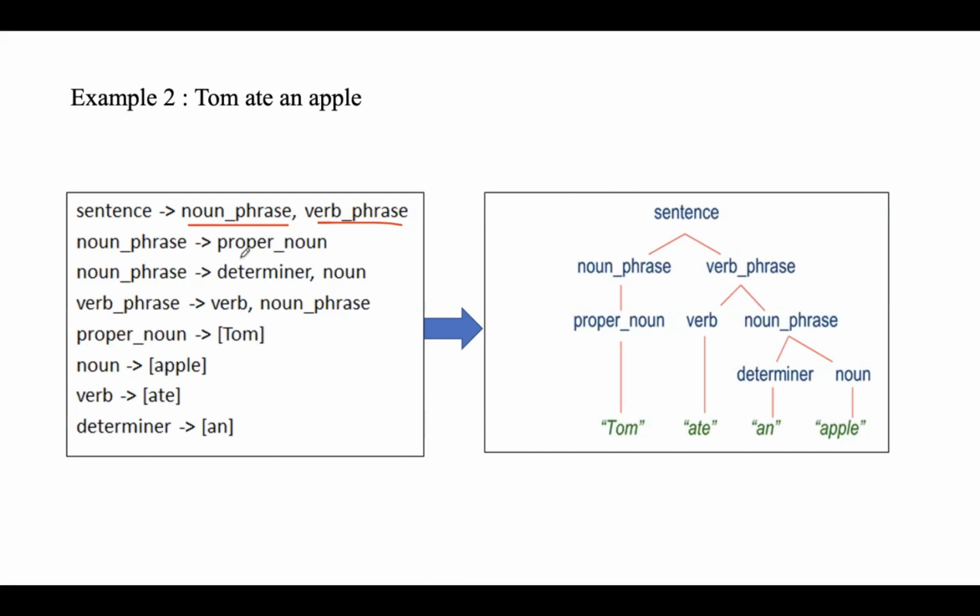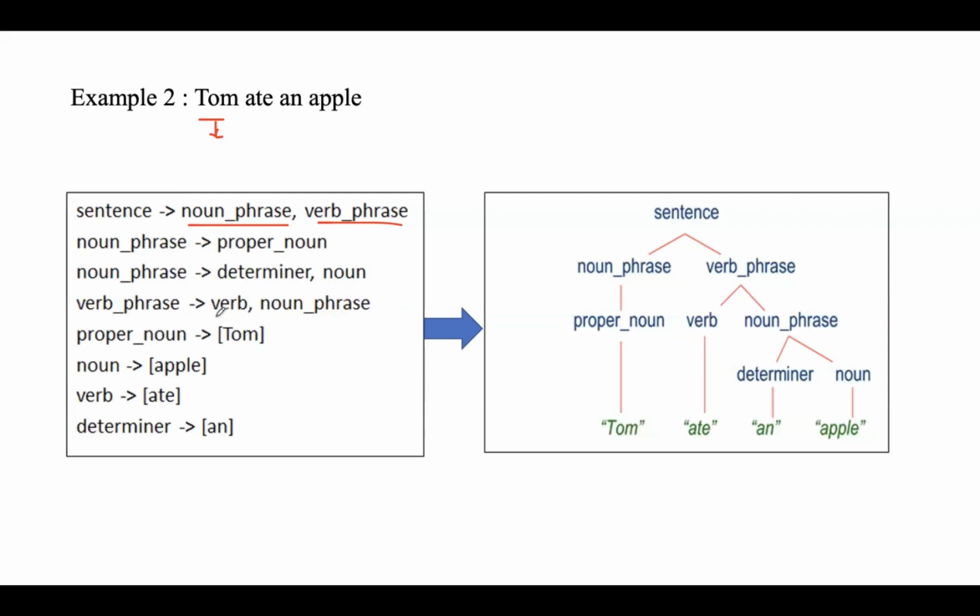So here noun phrase derives proper noun because Tom is the name of a person. So we can take it as a proper noun. And noun phrase derives determiner, noun. As noun phrase is a combination of determiner plus noun, we can write this directly.